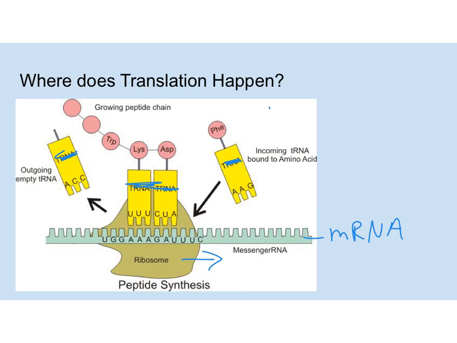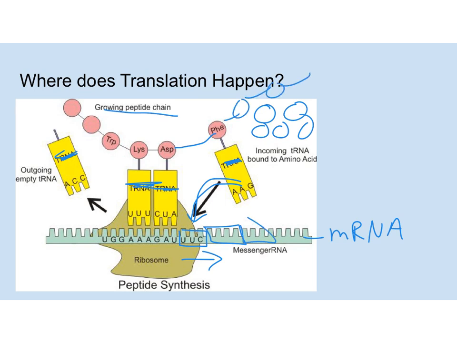There's a whole bunch of different amino acids just floating around in here. Based on that code, it will say, okay, the next three letters on the mRNA are UUC. Which amino acid needs to come in there to complement it? It needs to be AAG. When that goes in there, this phenylalanine will then attach to this, and then I will get my growing polypeptide chain, or the protein. And then it will keep reading. The next three letters, and the next three letters, and we'll just keep adding and adding until I get my protein.